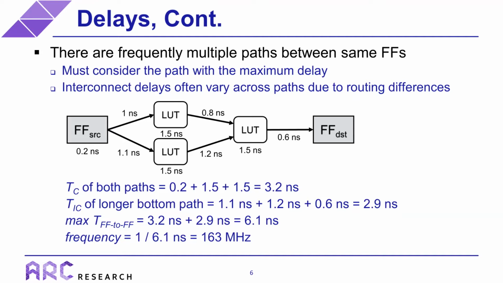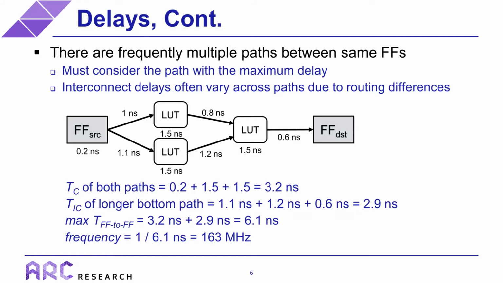The circuit shown on this slide illustrates an example of this, where we have 2 paths between the source and destination flip-flops. Now the cell delays of each path here are identical, because they both pass through two lookup tables. However, the interconnect delays of each path are different. The bottom path has a longer interconnect delay of 2.9 nanoseconds.